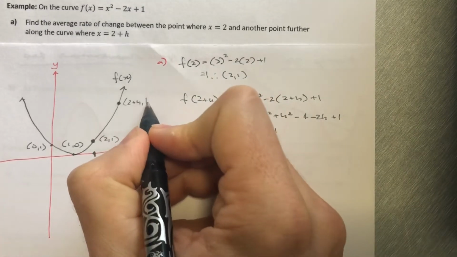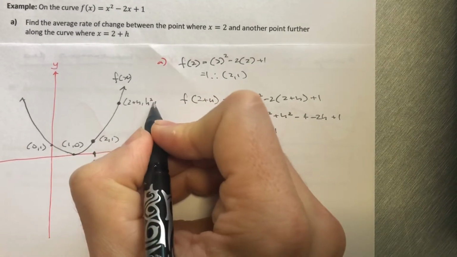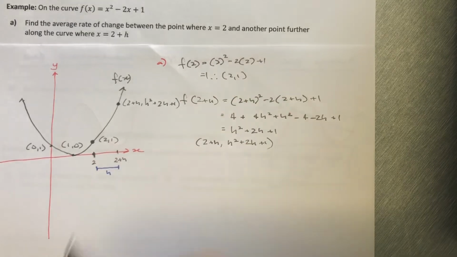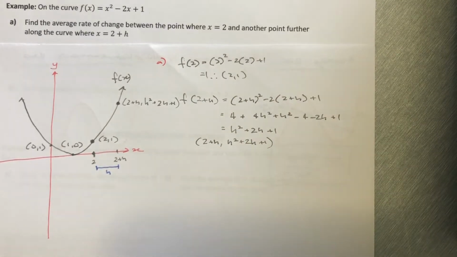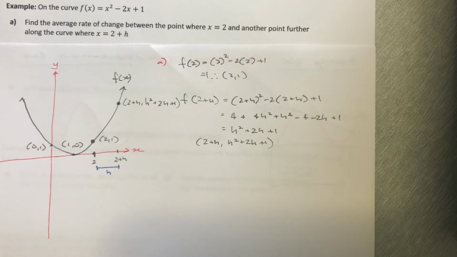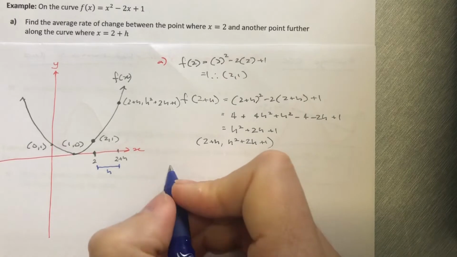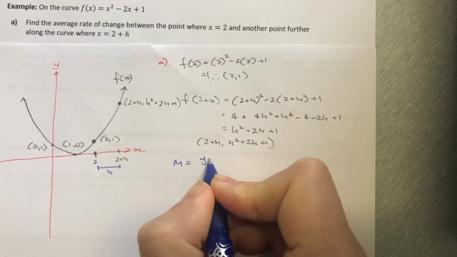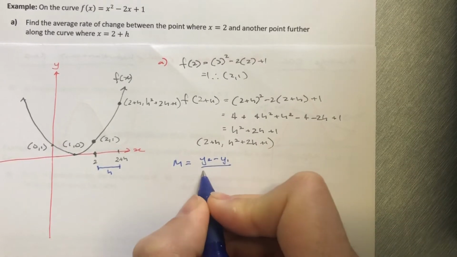So let me just show the point on our graph. Okay, there we go. And we wanted the average rate of change between those 2 points, didn't we? So we're going to go back to that gradient formula that we always use, because we have those 2 points.